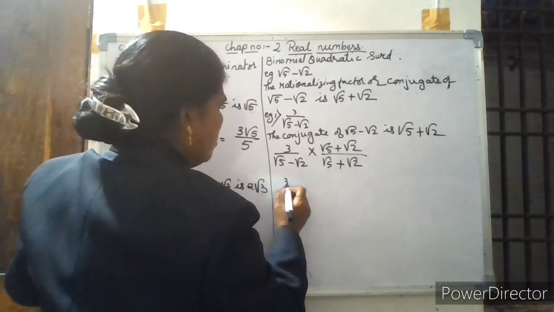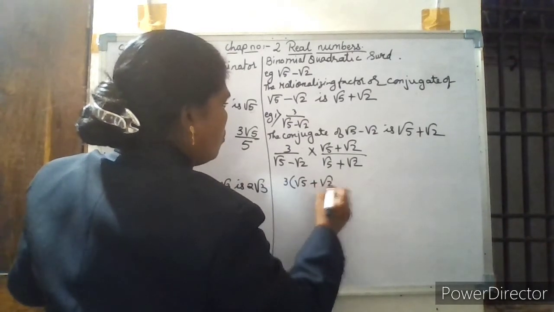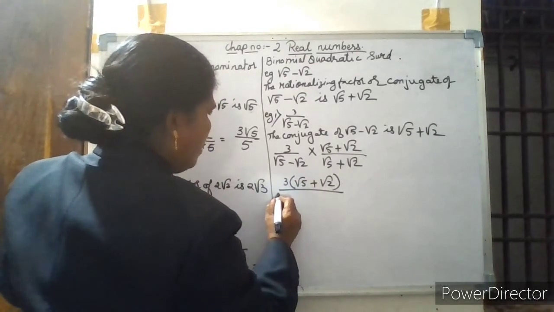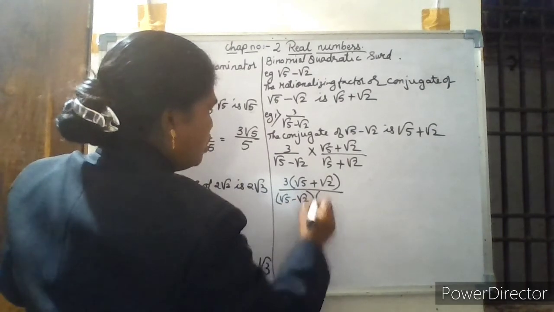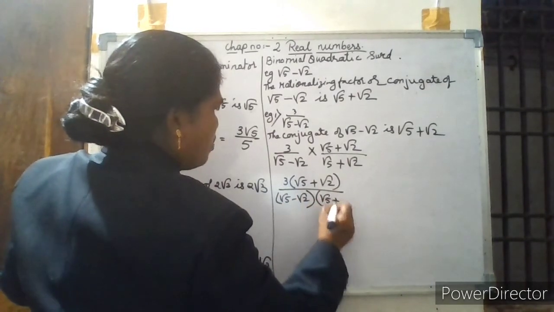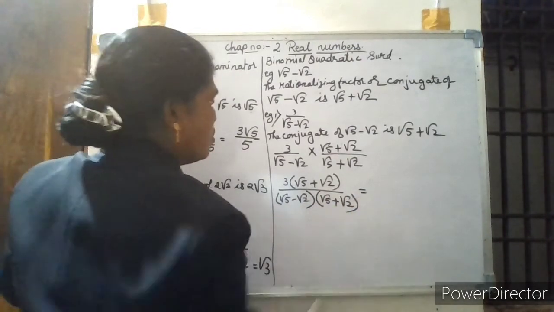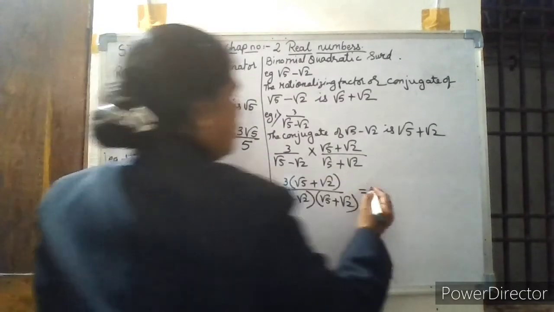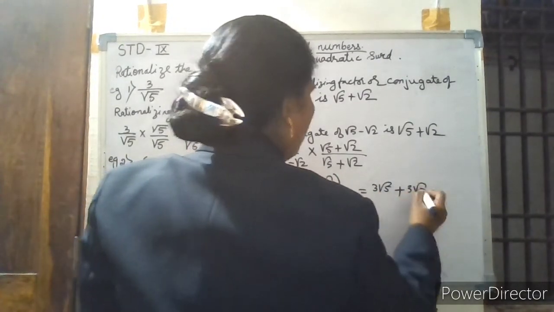So it is 3 into root of 5 plus root of 2, upon root of 5 minus root of 2 into root of 5 plus root of 2. Binomial into binomial. Now this is binomial into monomial, so this is equal to 3 root of 5 plus 3 root of 2 upon.